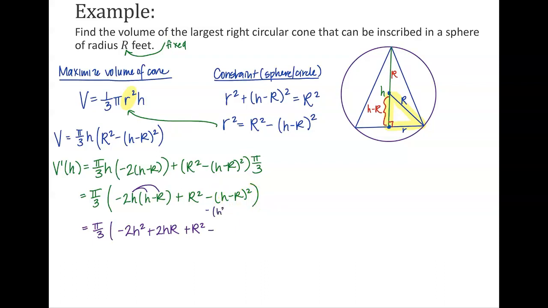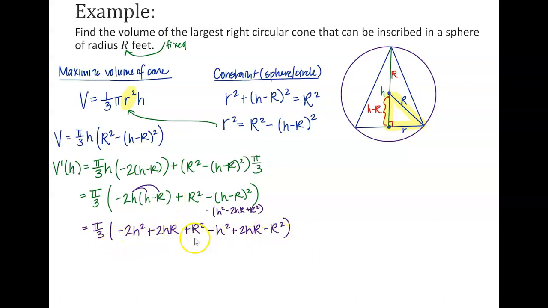So we'd have h squared minus 2h capital R plus R squared. So here I just multiply that out, and then the negative is going to distribute. So that's why I kind of did it small up there. So I have minus h squared plus 2h capital R minus capital R squared.